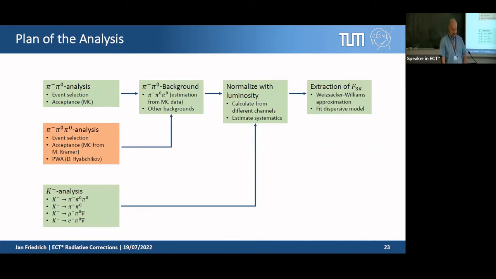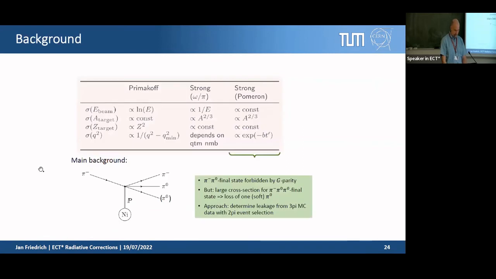So indeed, I wanted to mention exactly the same thing here with this pi minus pi 0 final state. It's of course not the same final state, but what happens is that we have one soft pi 0 in this channel, or the 2 photons get lost, or it's strongly asymmetric, that you lose 1 photon, and then it imitates one single real photon final state as well.